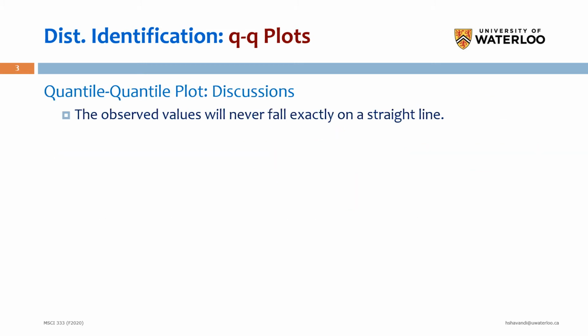So let's have a discussion of the QQ plot. The observed values will never fall exactly on a straight line. If we had an infinite number of sample data, then yes, they would fall exactly on the straight line. But since we have a limited sample from that distribution, we shouldn't expect all the numbers to fall exactly on a straight line.